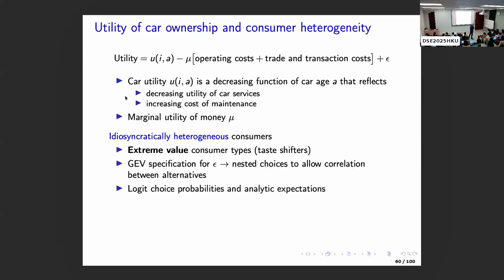So there's going to be trade cost. And there may be some transaction costs because of lemon problems and whatnot. Maybe you're deeply emotionally attached to the car, and there'll also be psychological transaction cost. Okay, and then we have an extreme value shock, so they're going to be generalized extreme value. This is hugely simplified.